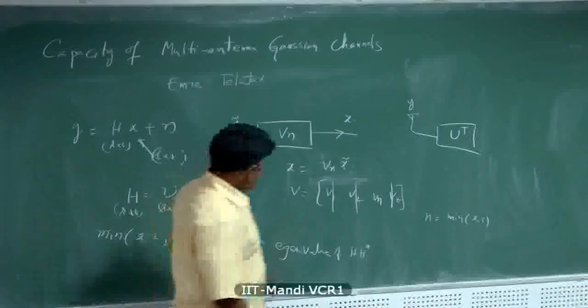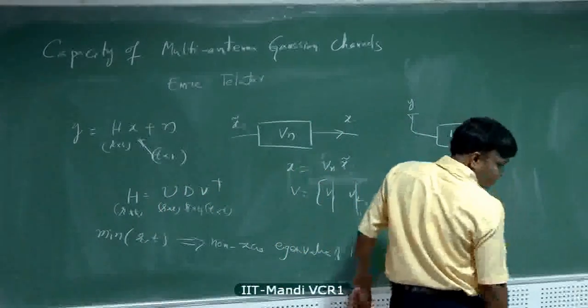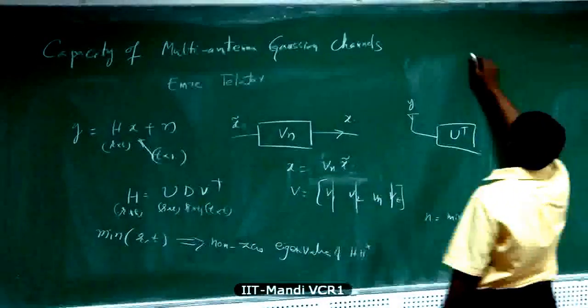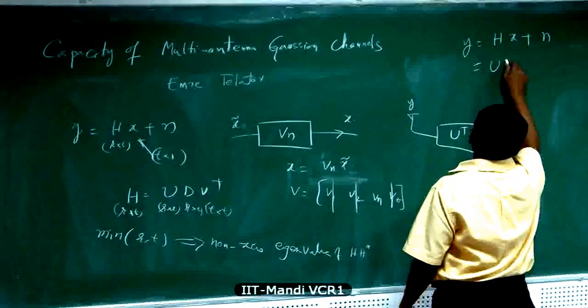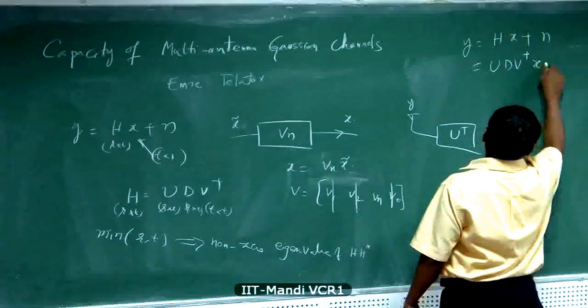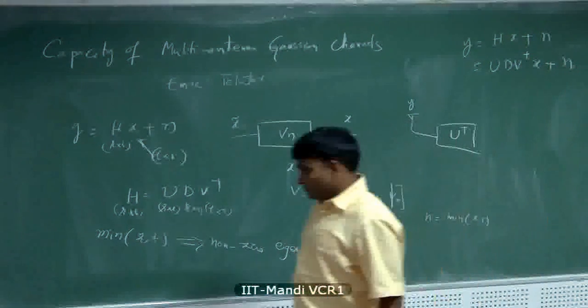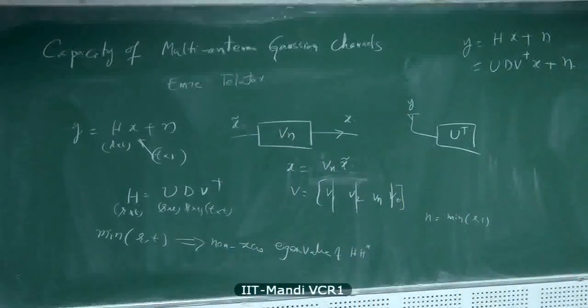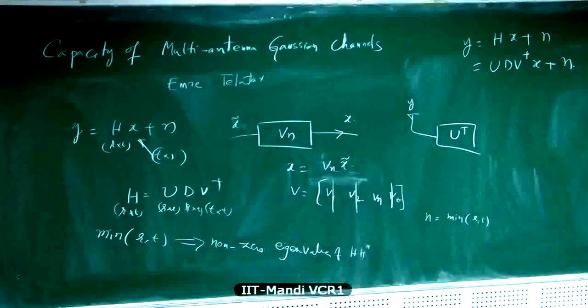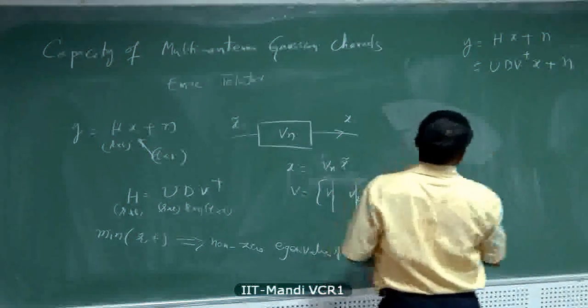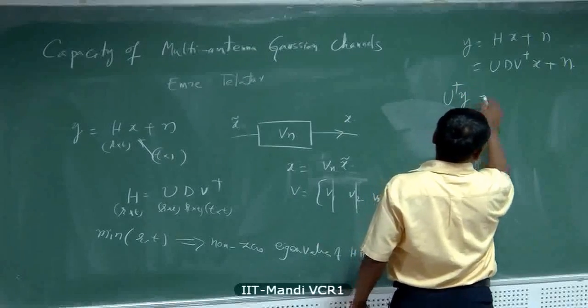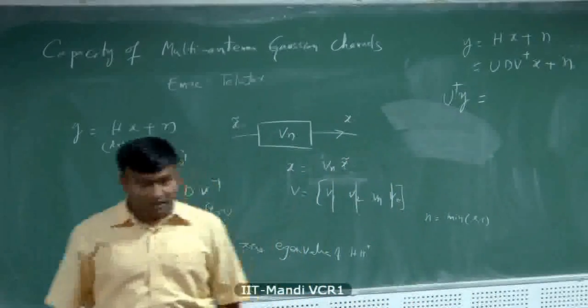Okay, let's go through this once more. Y is equal to Hx plus n, and H is U D V Hermitian x plus n. Let's apply U Hermitian Y, where U Hermitian is the receive filter.